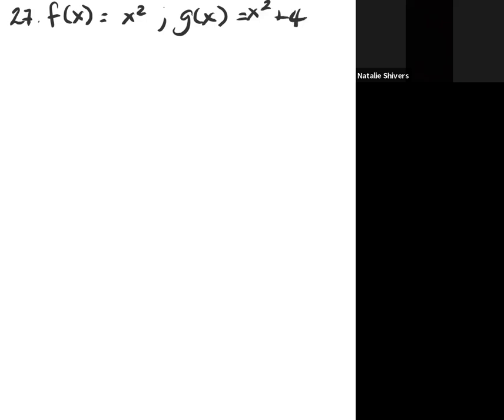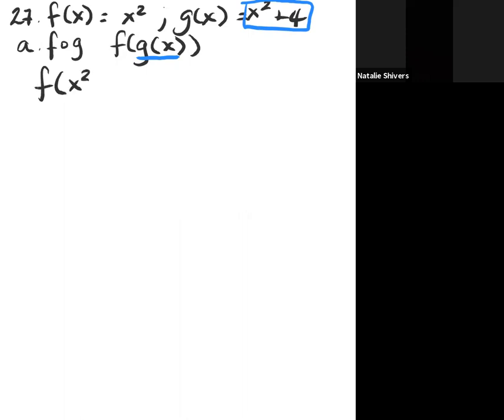We're going to do f of g, which is f of g of x. Okay, so anybody that struggles with this, replace g of x with x squared plus 4. So we're going to do f of x squared plus 4.